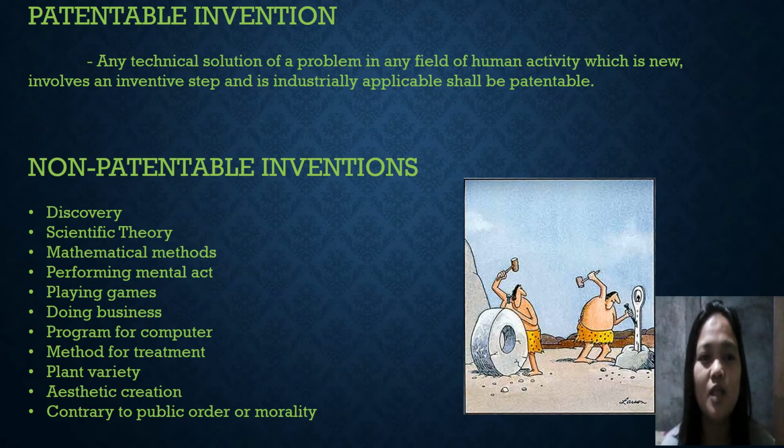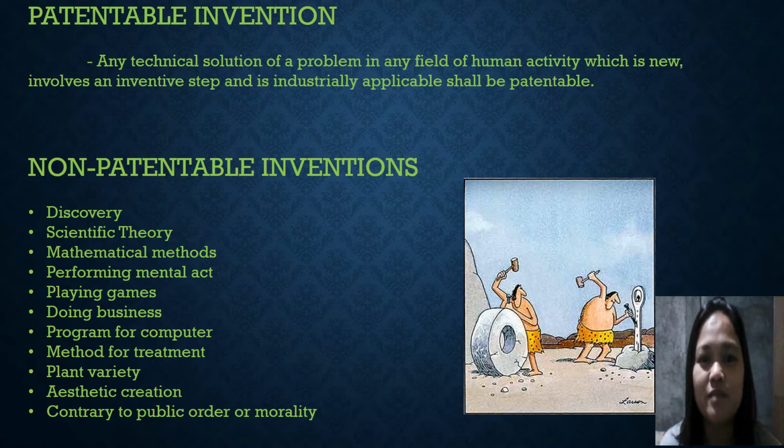A patentable invention is any technical solution of a problem in any field of human activity which is new, involves an inventive step, and is industrially applicable. The non-patentable inventions are discovery, scientific theory, mathematical methods, performing mental acts, playing games, doing business, programs for computers, and methods for treatment.